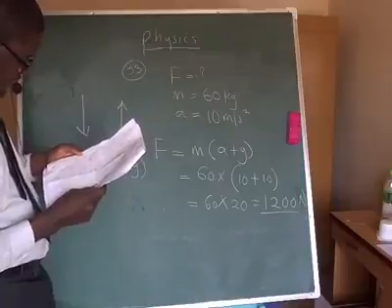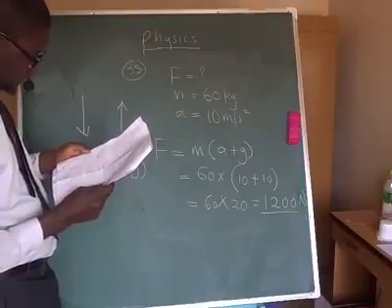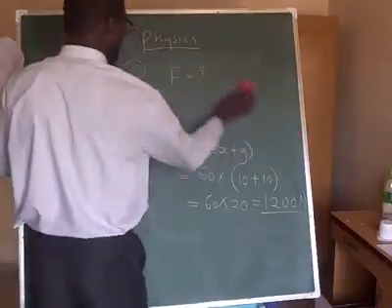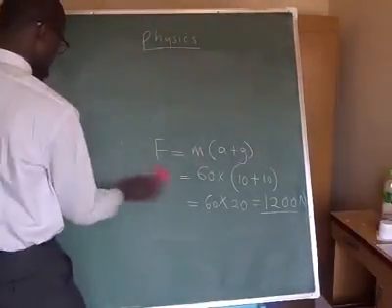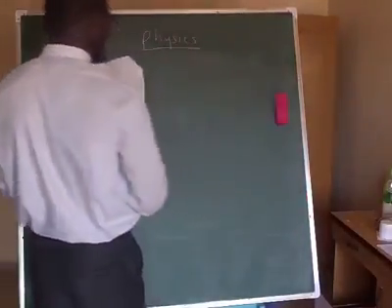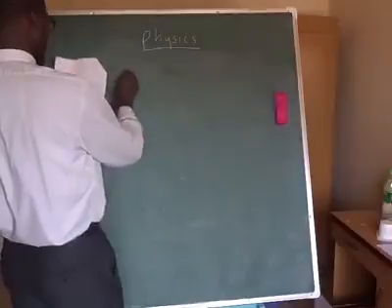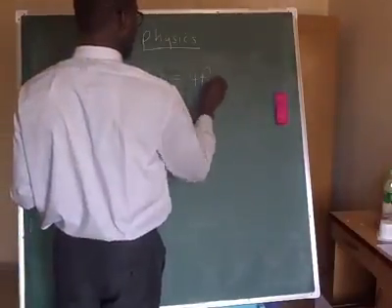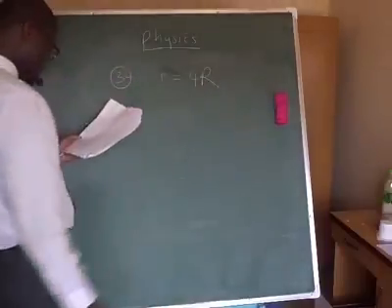Question 34. They say a satellite moves in a circular orbit of radius 4R. Of course, this capital R is the radius of the Earth.